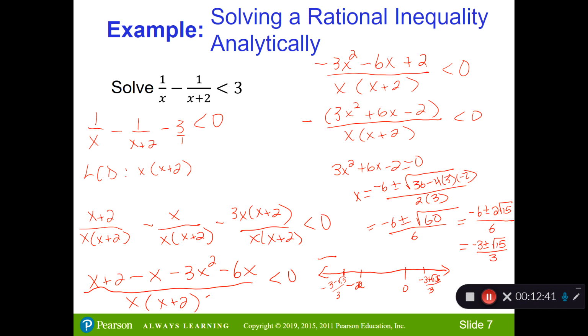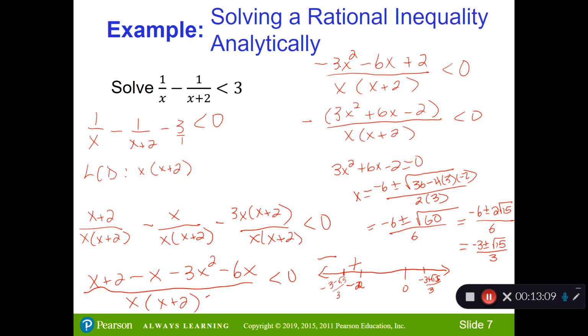So I'm going to pick negative 2.01. So negative 2.01, this would be negative, and this would be negative. And then if I plug in here, that's about 4 times negative 3 is negative 12 plus, plus. So that would be a positive up here.